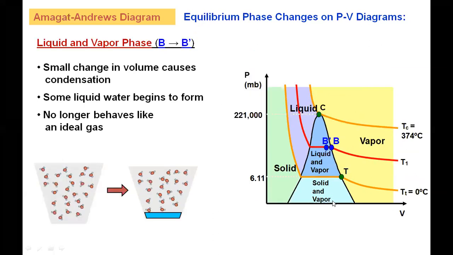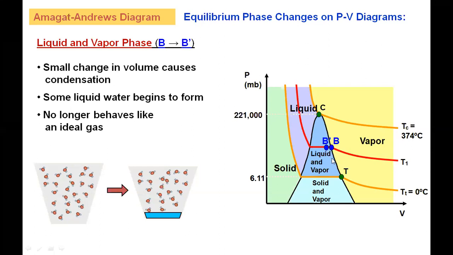طيب, what happens when we go from B? We have here the border of the vapor, and we will go from B to B prime. Then, if we look at this curve, we have a small change in volume, and this causes the condensation.